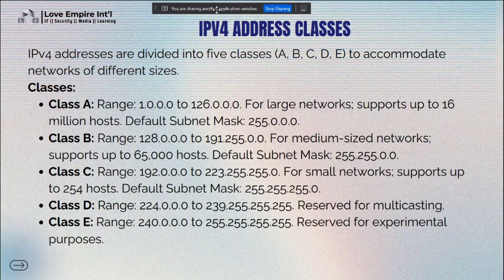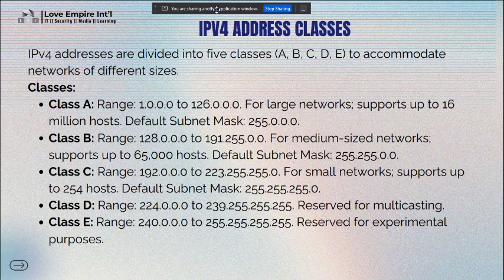The range for class A is from 1.0.0.0 to 126.0.0.0. When I send you the material, you can always look at it. All this stuff you don't really need to cram in your head. As you work with time, you will understand which range a particular IP address falls in.